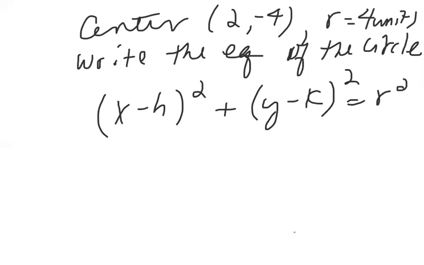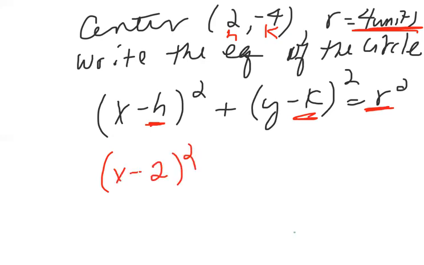So the center is h comma k. This is your h value. Let me use a different color. That's h, that's k. And your radius is 4 units. So we're going to come in here, plug in 2 for h, negative 4 for k, positive 4 for r, and then work it out. So we get x minus 2 squared plus, be careful with this part, y minus a negative 4, guys.